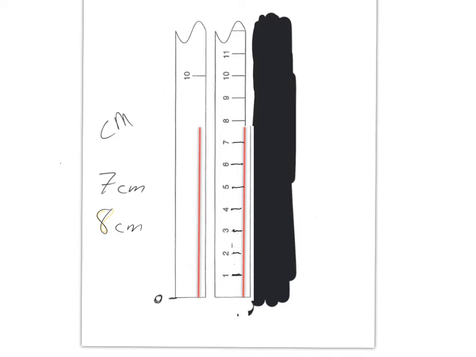So now I'm looking at this measurement, and now I'm estimating between 7 and 8. Now our estimation is going to be to the tenth of a centimeter. I know it's between 7 and 8. I'm going to make an estimate here now, and I'm going to say, to me, that looks like 7.8 centimeters. With the other ruler, this was the estimated digit.